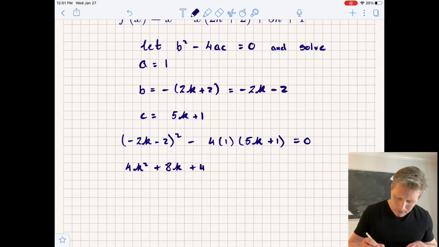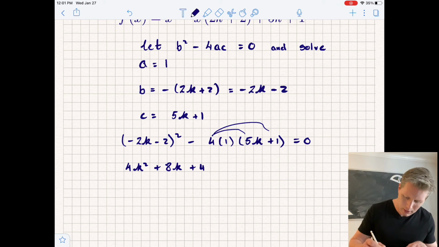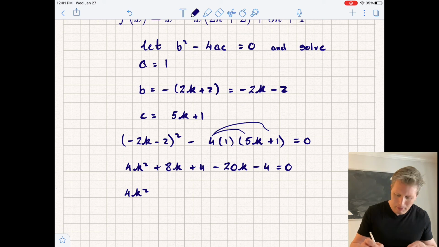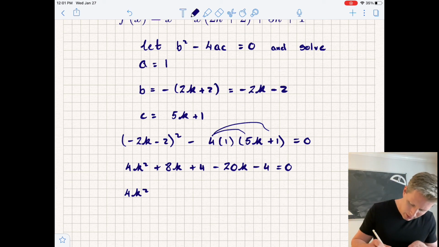Here I have negative 4 times 1, so I'm just going to distribute my negative 4 in here. I will get negative 4 times 5k is negative 20k, and negative 4 times 1 is negative 4, and that's equal to 0.